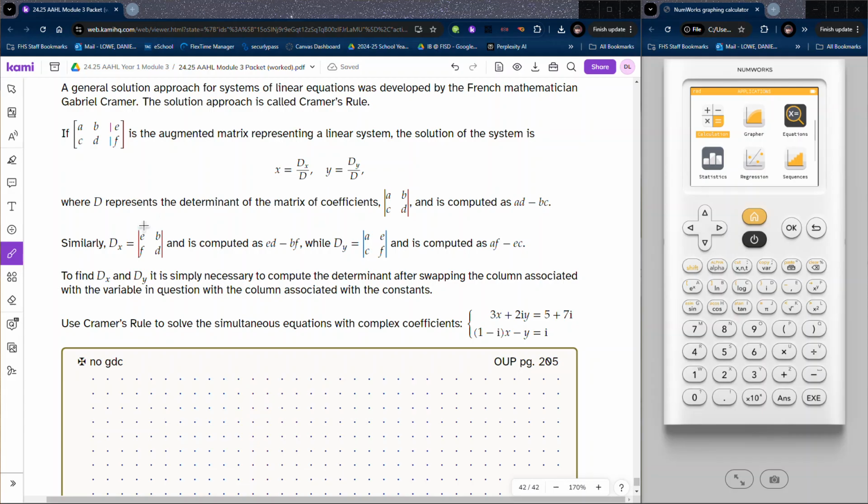So we'll swap a, c for e, f and compute the determinant e times d minus b times f. And for y, the numerator, we'll swap the y column, so we'll swap the column b, d with e, f. So we'll have this determinant, a times f minus e times c.